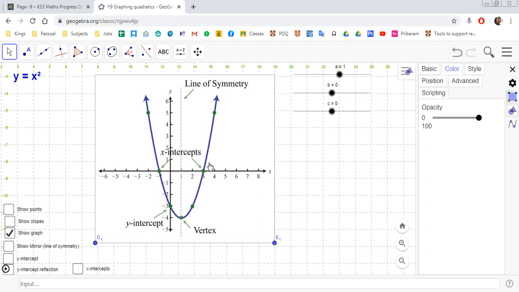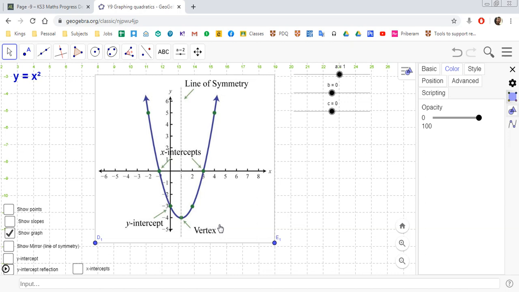So the line of symmetry is going to cross exactly at the vertex. It's going to increase, reach the vertex and start to decrease if the number multiplying the quadratic term is negative.